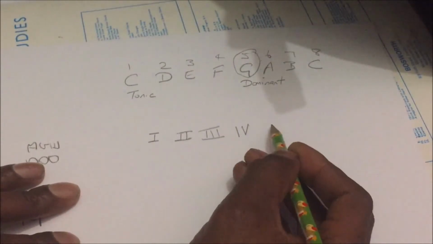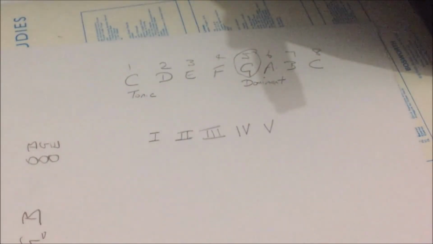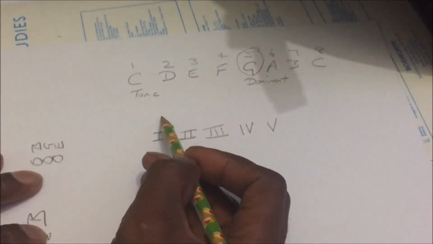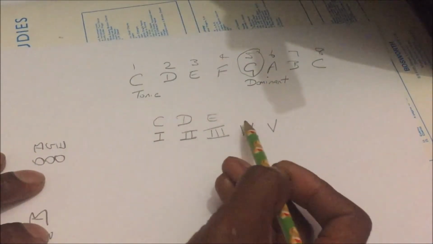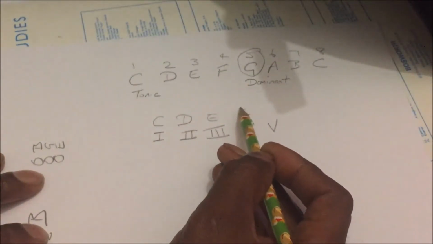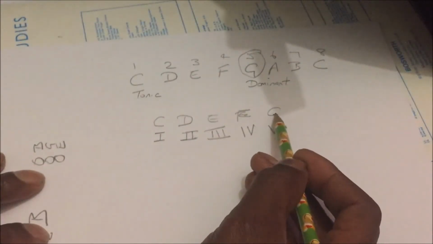IV is 4. V is 5. Okay? So, in C major, I is C, II is D, III is E, IV is F, V is G.